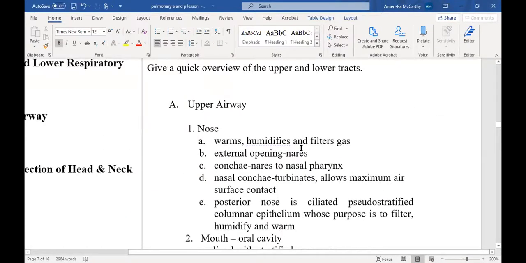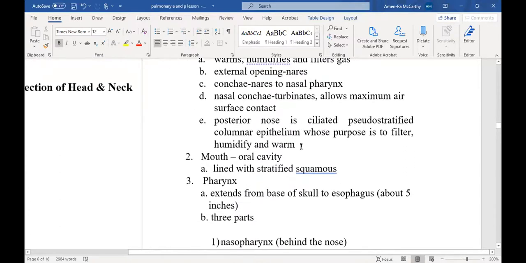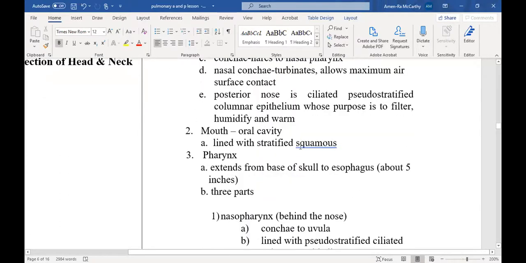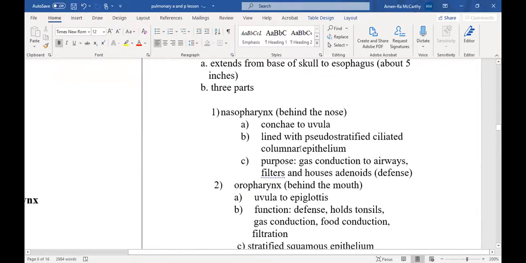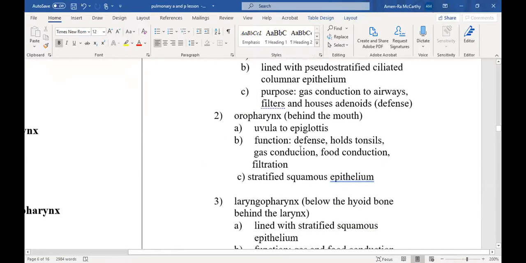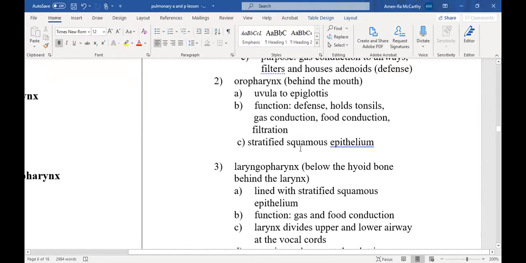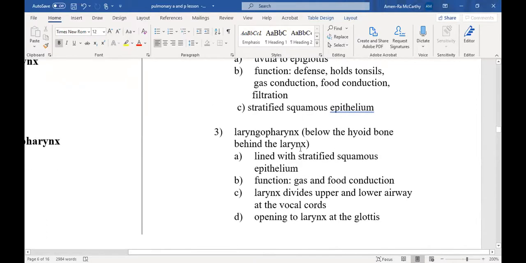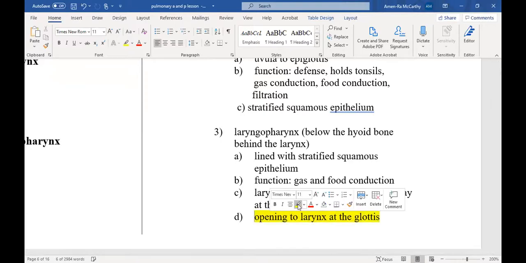Okay, so let's look at it again. Upper airway: nose, mouth, and pharynx, which the pharynx is three parts. You have the nasal pharynx, oral pharynx, and laryngopharynx. Right? Now let's look at this laryngopharynx because I want you to understand this last part right here.